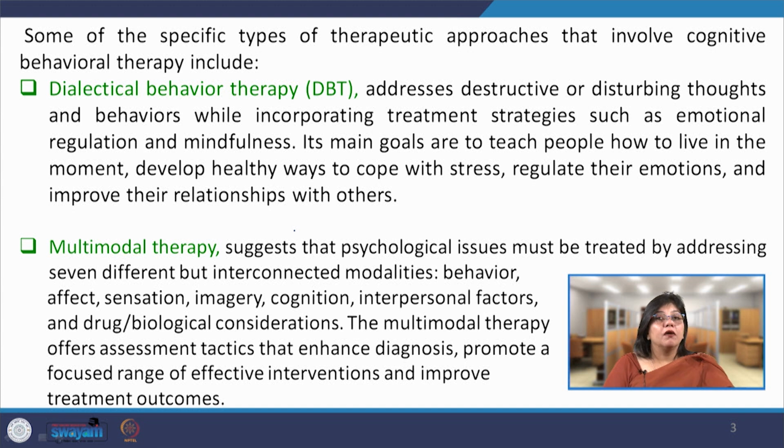When these aspects are diagnosed and an assessment is made, then proper medication and treatment can help a person overcome or cope with different kinds of behavioral issues. That is multimodal therapy. The idea is that multimodal therapy improves treatment outcomes. It is not only about physical treatment, it is also about behavioral treatment that adds to the success of any treatment.